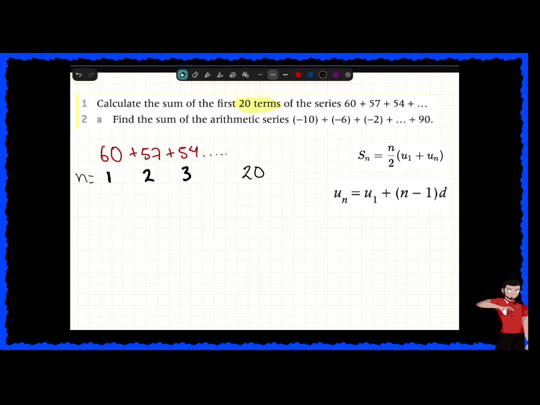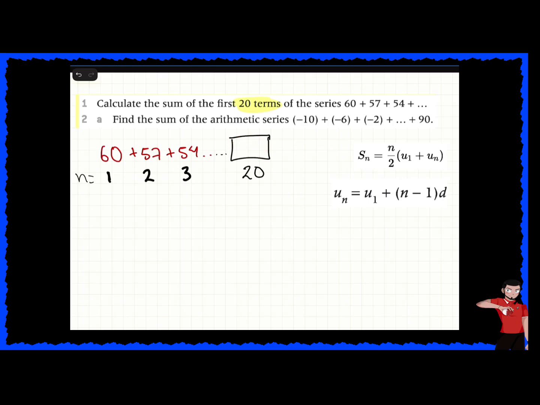There is a number using the position 20 that we don't know, but we need this number because, if you remember, in the formula we need the position 20, the first number of the list, 60, and then the last number, the number using the last position that we need to sum, in this case position 20, but we don't have it.